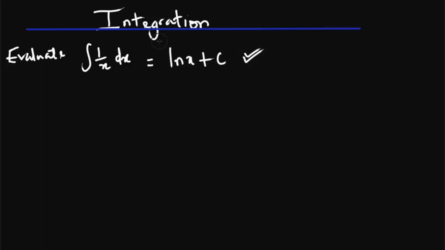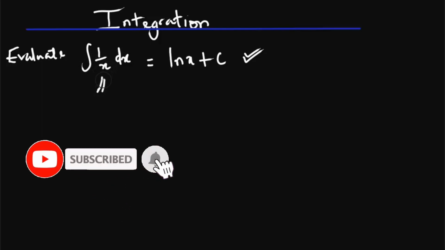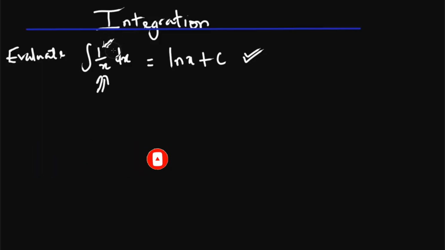The rule is that whenever you want to integrate a function, and you observe that the derivative of the denominator gives you the numerator, the answer is going to be the ln of the denominator, plus c.